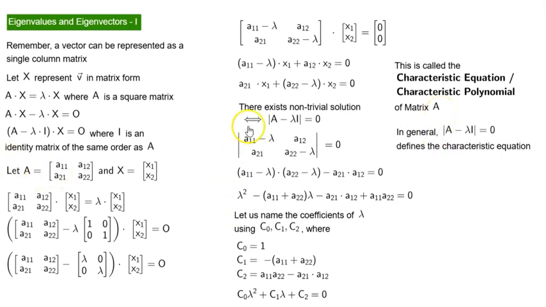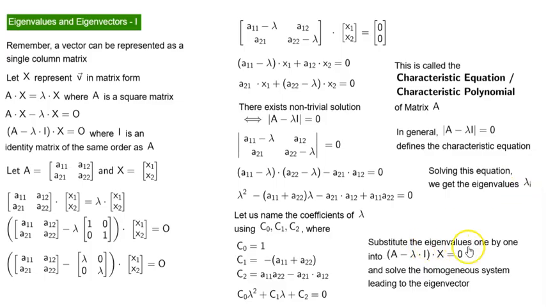In general, the determinant of A minus lambda I equal to 0 defines the characteristic equation. Solving this equation, we get the eigenvalues. Since there could be multiple eigenvalues, I am putting it as lambda i.